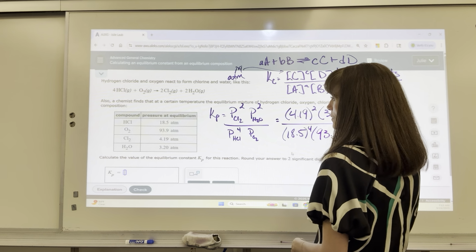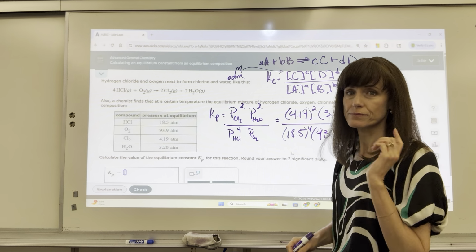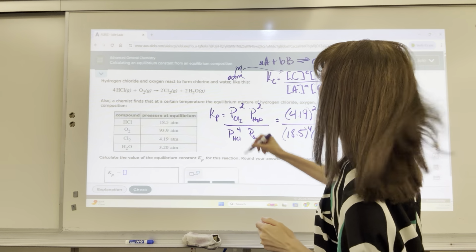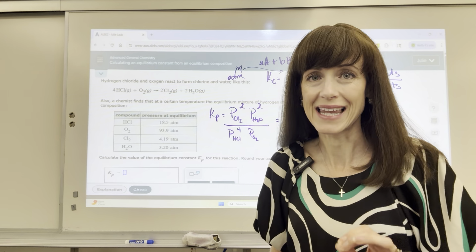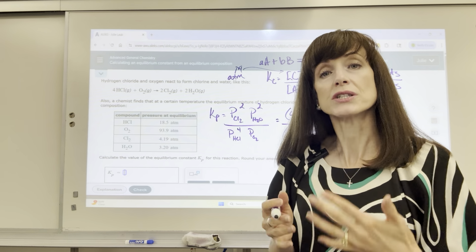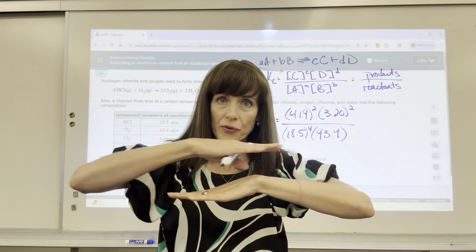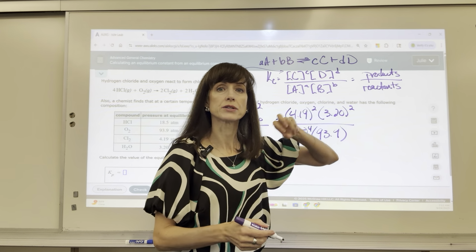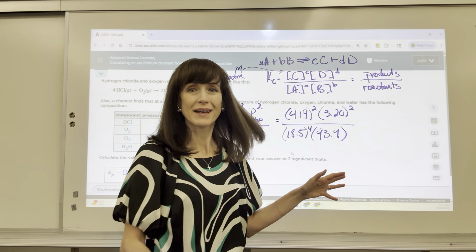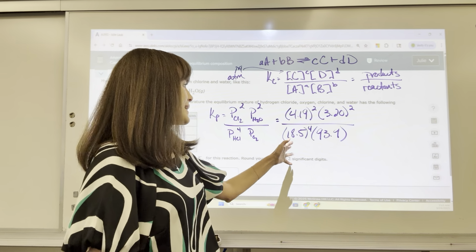Partial pressure is 93.9 ATM. Now a reminder for you, our Kc and our Kp, the equilibrium constant, is unitless. There's no unit on it. It's just the ratio that when you hit beautiful forward and reverse equilibrium, what's the ratio of those products to reactants?